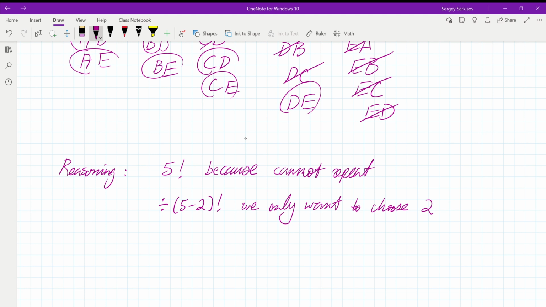Two numbers, 5 times 4 multiplied. We want to choose 2 only, so we're not going to divide by that 3 factorial, so we're left with the 2 entries only, 5 times 4. And then what are we dividing by 2 factorial for? 2 factorial is how many arrangements there are of the 2 that we're choosing.